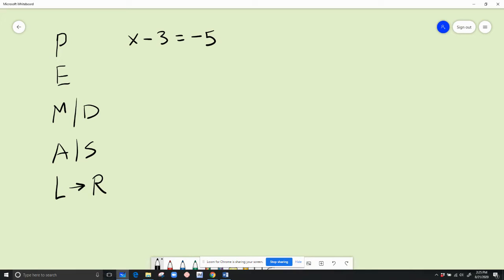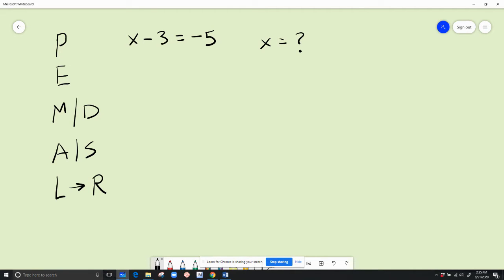Just solve the equation. So solve means that you need to find out how to make these sides equal to each other. You're literally solving for the variable. And in this case, the variable is x. So make sure that you look at x and say, okay, at the end of the day, I want to know, what does x equal?